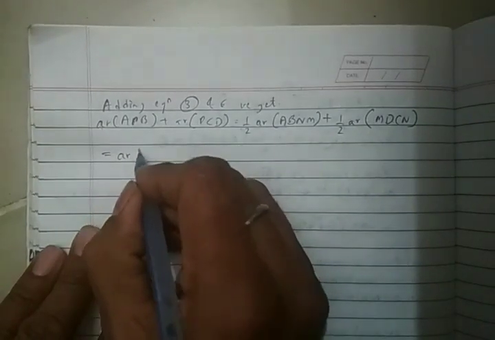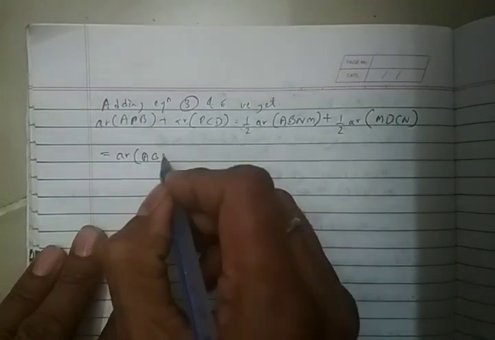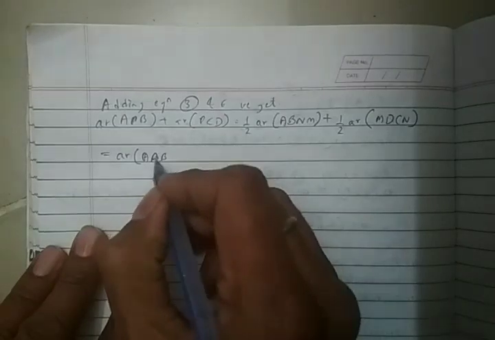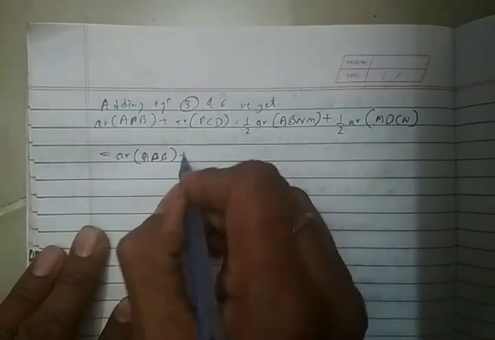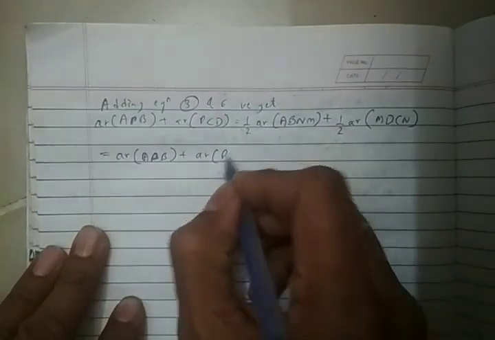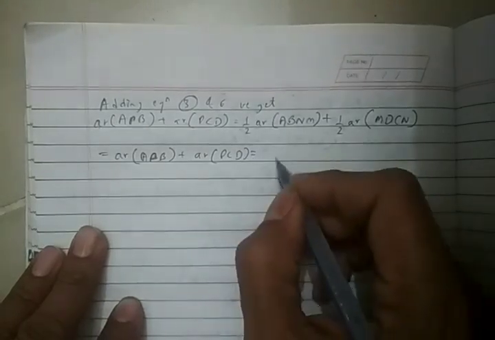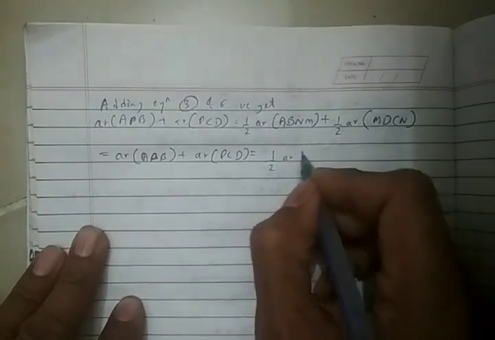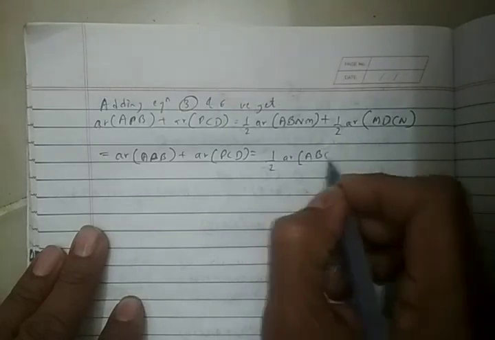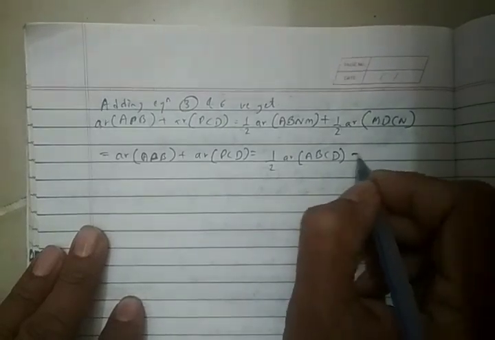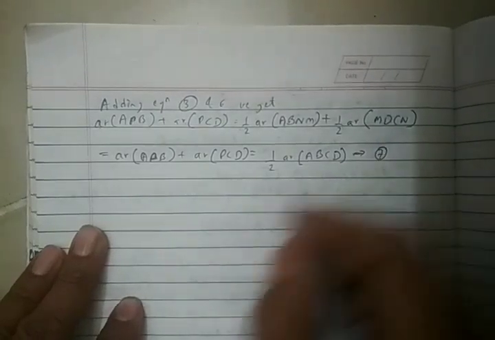This is equal to area of APB plus area of PCD equal to half of area of ABCD. Let's name this as equation 7.